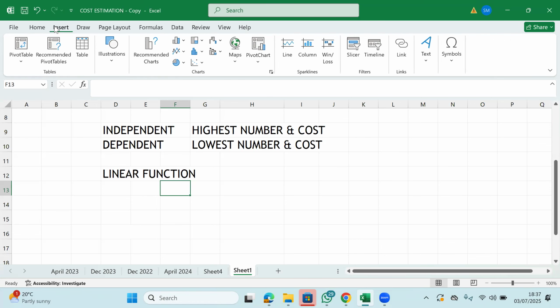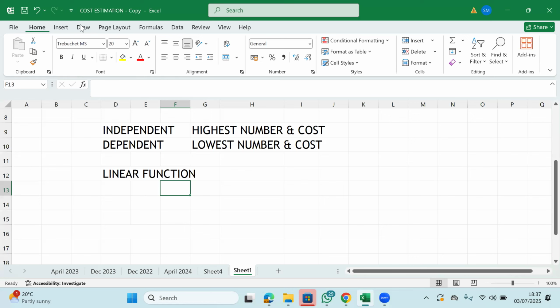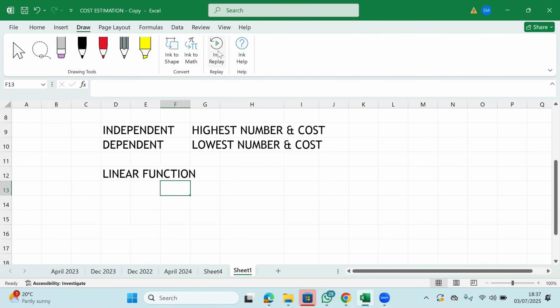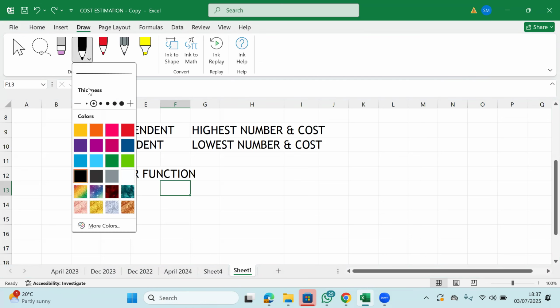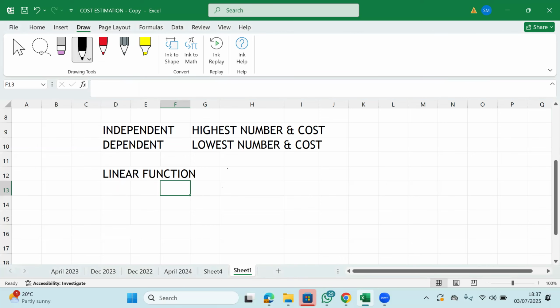I'm looking at the best tool that I can use to draw.